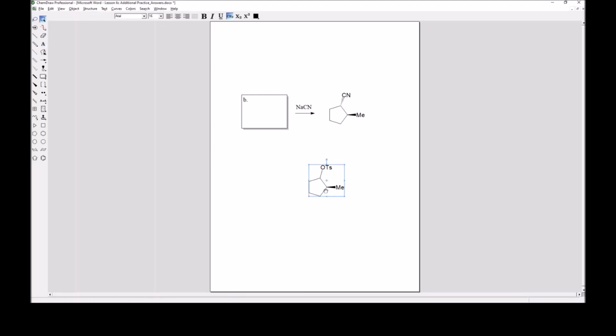And I lied. When I said any one of the halogens, we really don't like to use fluorine because it's such a poor leaving group. So any one of the heavier halogens like chlorine, bromine, or iodine, or this OTS. Now, the answer is still not correct because we've ignored the stereochemistry. Notice how this cyanide is currently going away from you. The cyanide was put on the molecule as a result of an Sn2 reaction, and Sn2 chemistry occurs with inversion of stereochemistry, meaning that in order to assure that the cyanide ends up going away from me, I need to start off with a starting material where the leaving group is coming towards me.